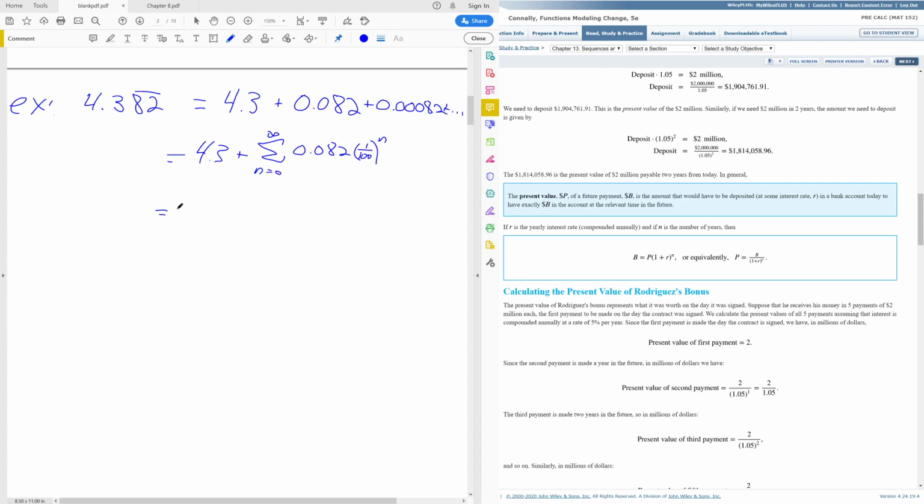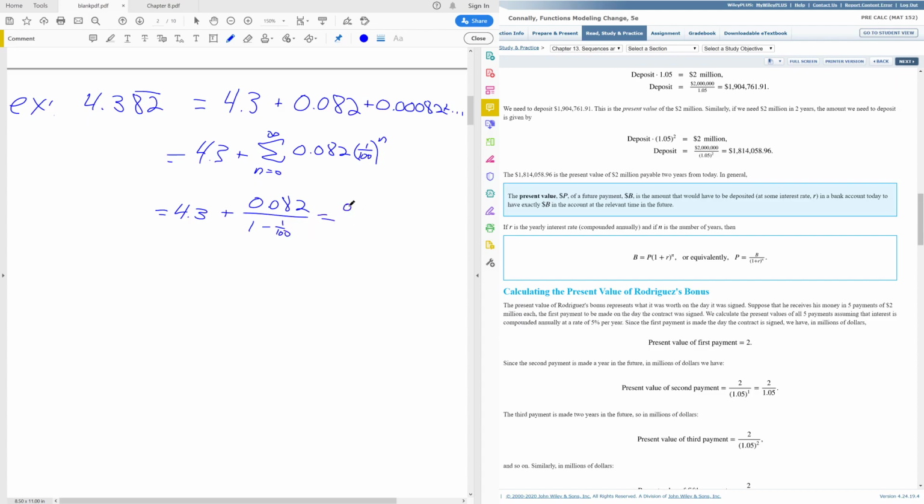So now we can just do, okay, well, that's still just 4.3, but now this sum becomes 0.082 over 1 minus 1/100th.